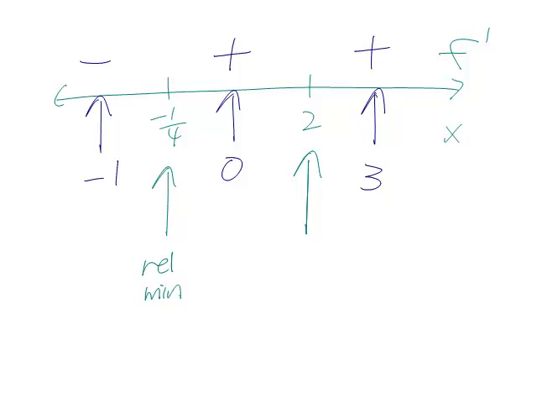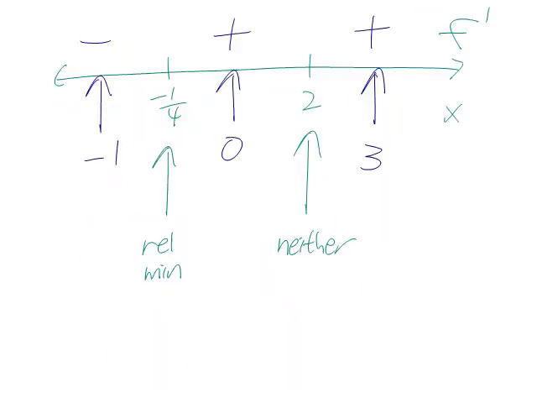At 2, the function is increasing both before and after. F prime has the same sign before and after 2. That basically means f of 2 is neither a max nor a min. The sign of f prime has to change at that critical point for you to have a relative maximum or minimum.